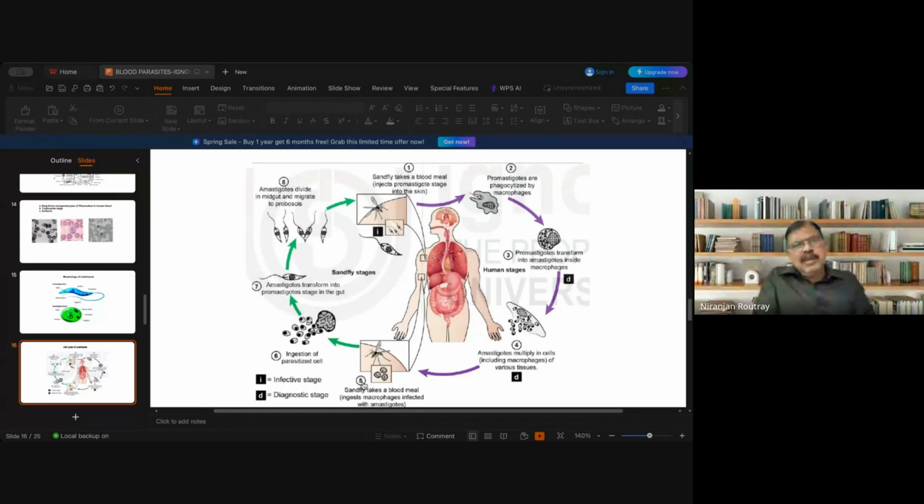So they are not killed; they don't have a natural enemy. If we can target a natural enemy and control the population of the sandfly, automatically we can control the spread of this leishmania disease. Other components of the innate immune response include the pattern recognition.